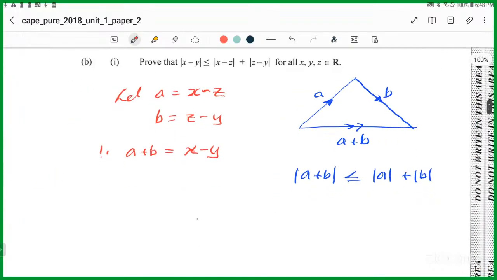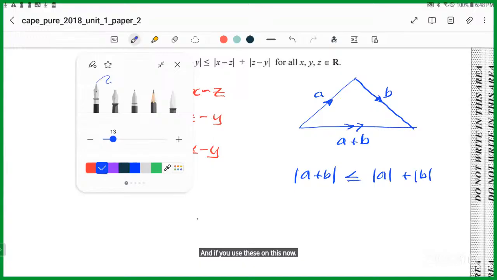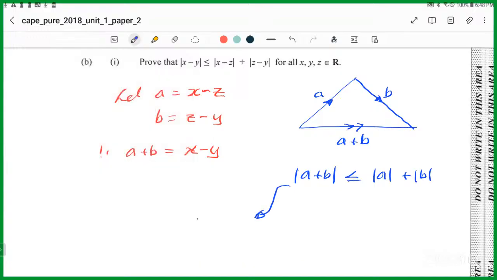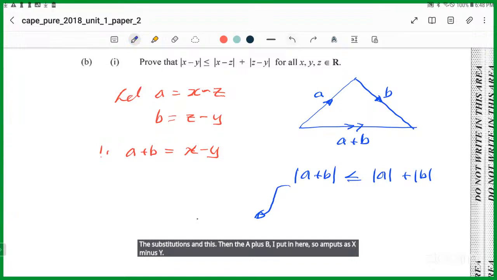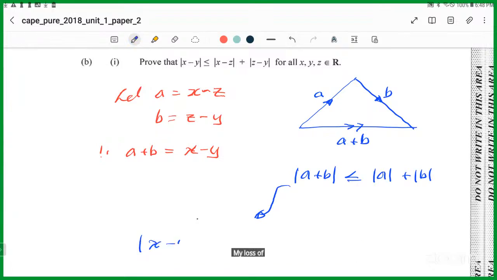If you use these substitutions now, then A plus B I can put as x minus y. The modulus of x minus y is less than or equal to the modulus of A, which is x minus z, plus the modulus of B, which is z minus y.